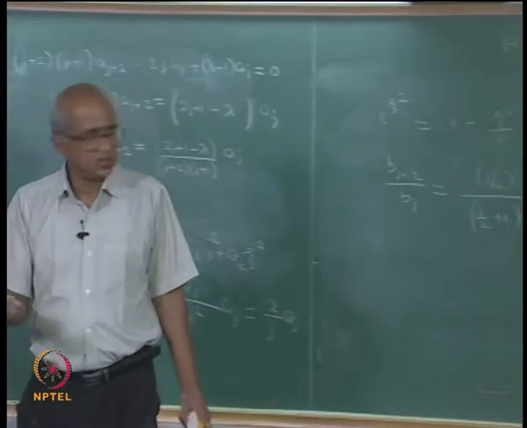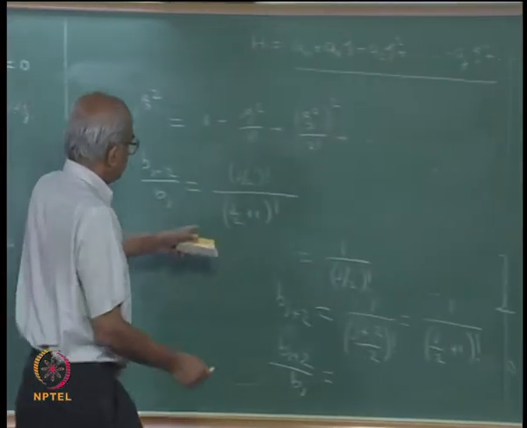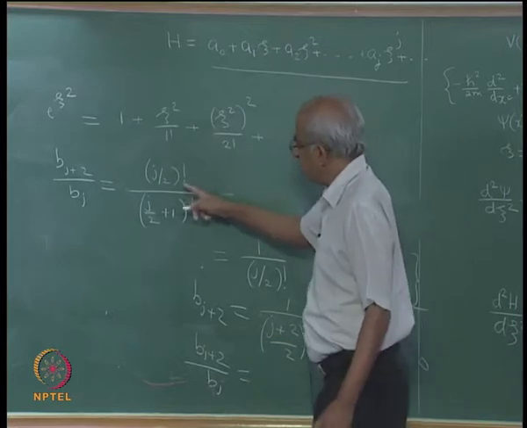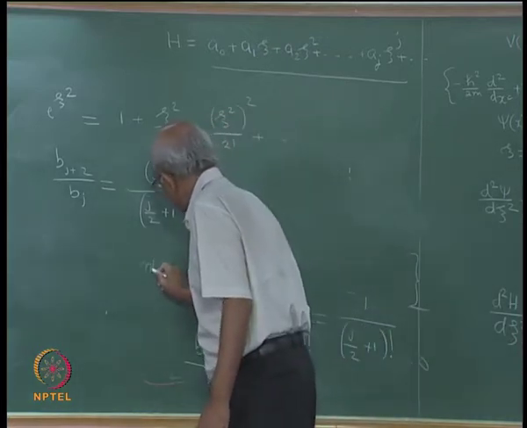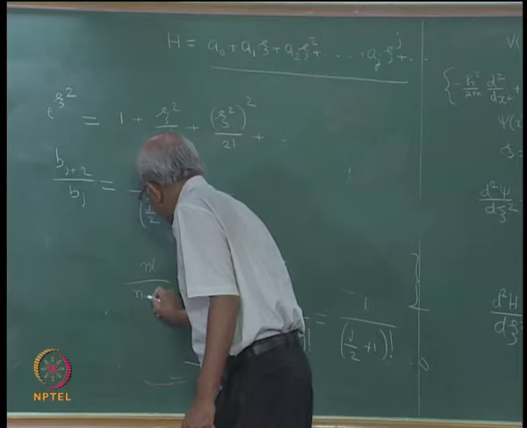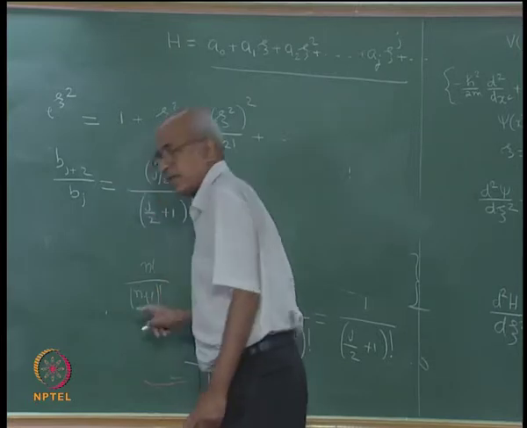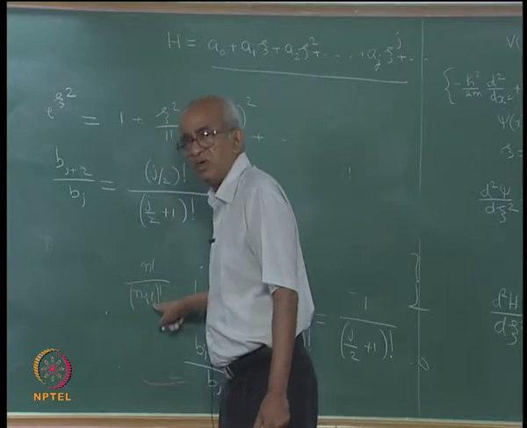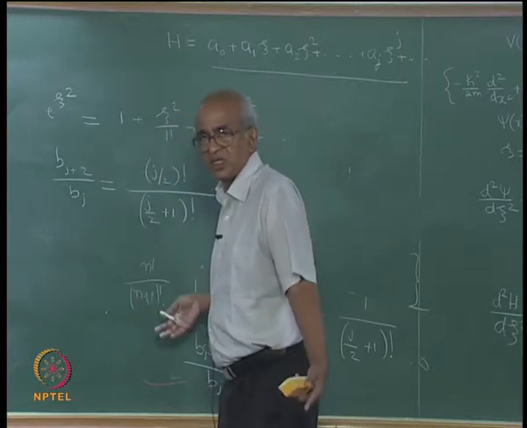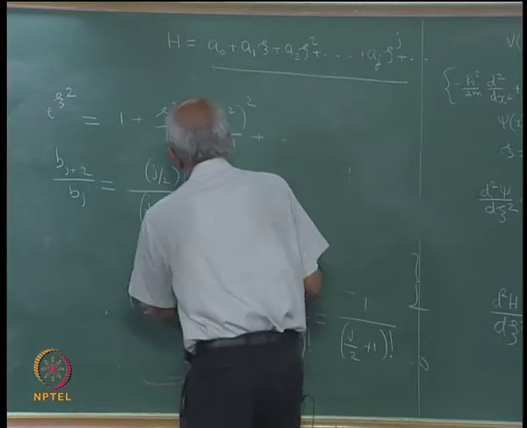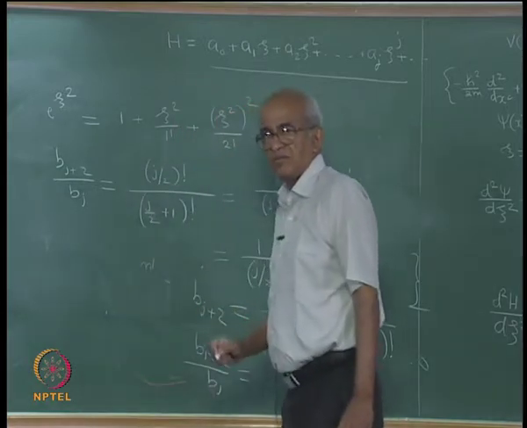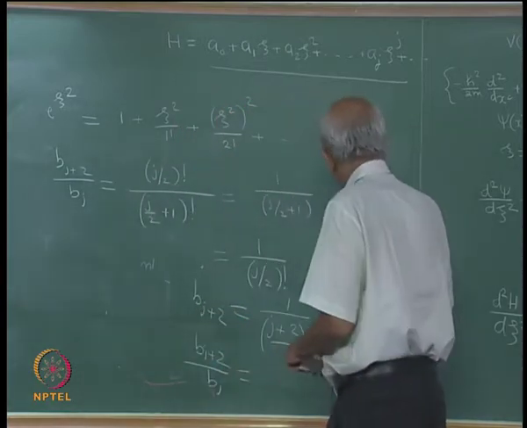That is all. And this is very easy to simplify. It is of the form some number n factorial divided by n plus 1 factorial, well, the answer is 1 by n plus 1. So, therefore, this will just become 1 by j by 2 plus 1. That is all, very simple.